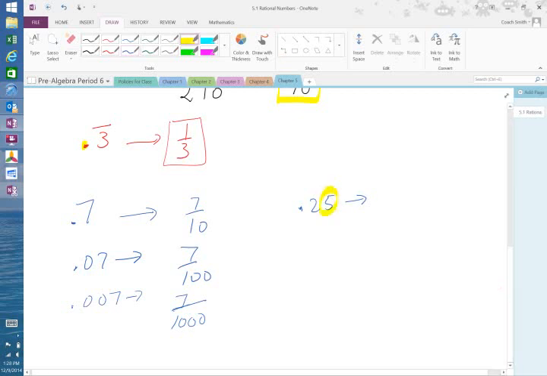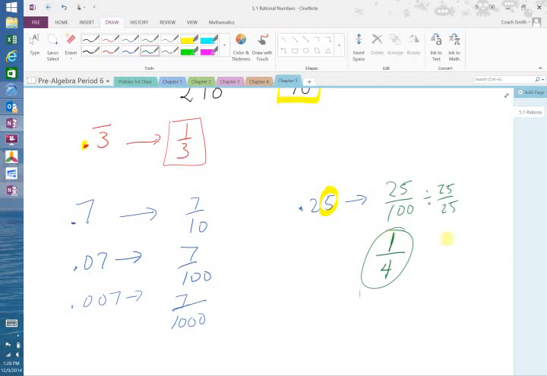The last digit is in the hundredths place value. So that would be 25 over 100. 25 over 100 can be reduced by dividing the top and bottom by 25, which would give me 1 over 4. And that would be putting the decimal as a fraction.